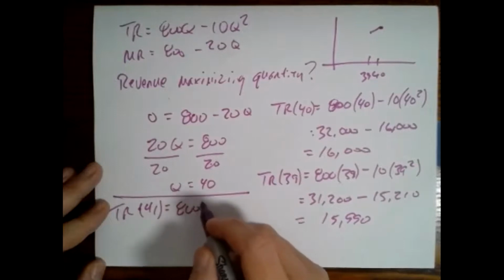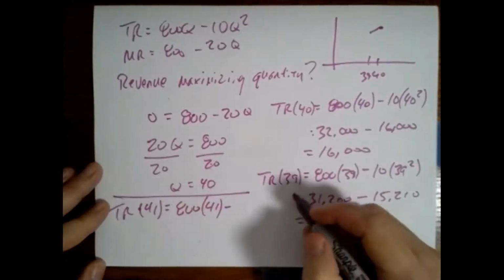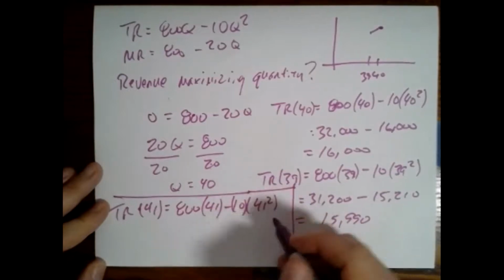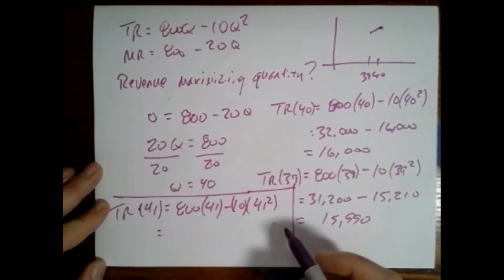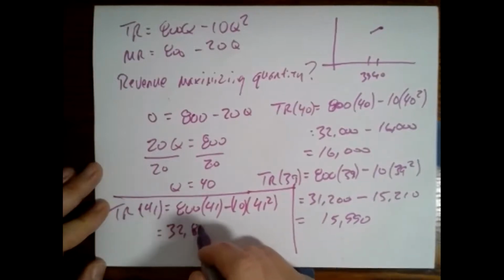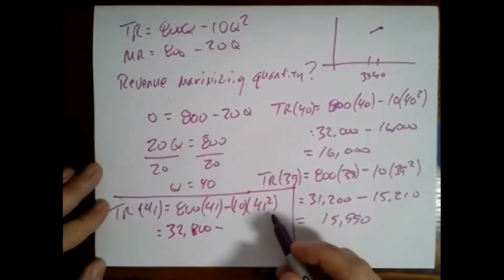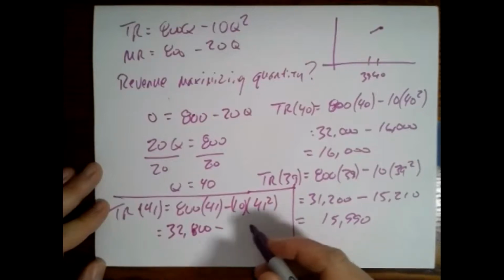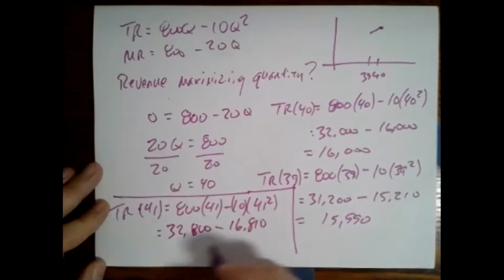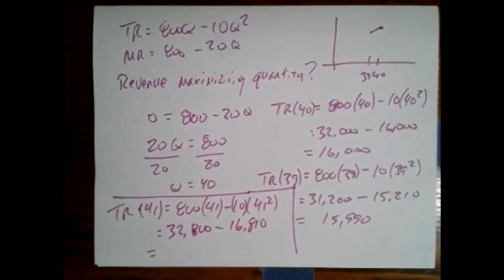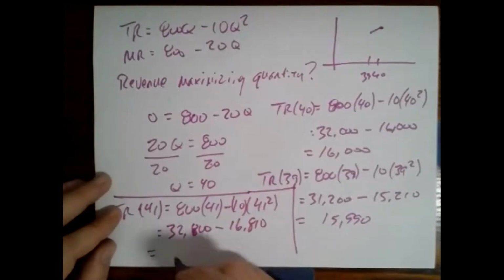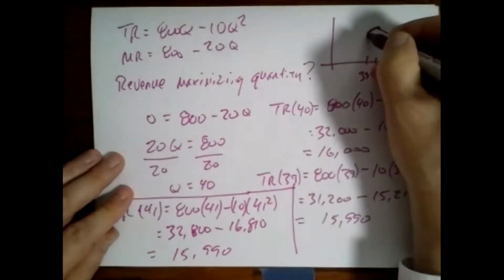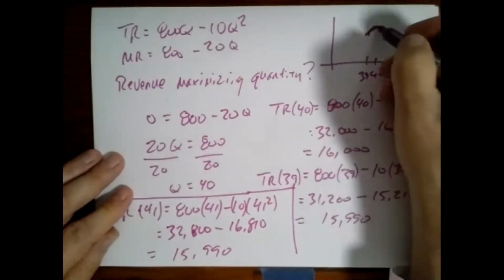Well, that becomes 800 times 41 minus 10 times 41 squared. 800 times 41 is 32,800. 41 squared is 1,681. So 10 times 1,681 is 16,810. 32,800 minus 16,810 is 15,990.